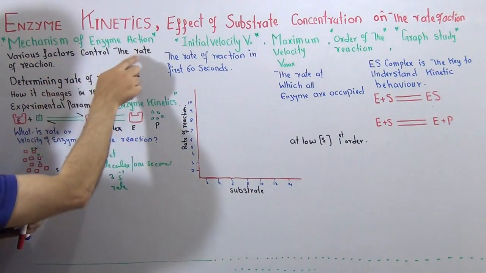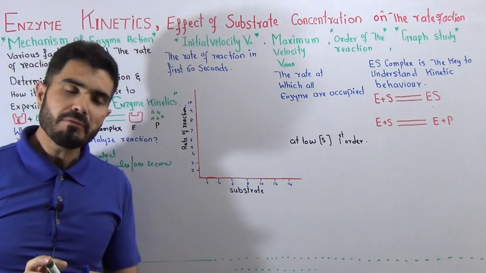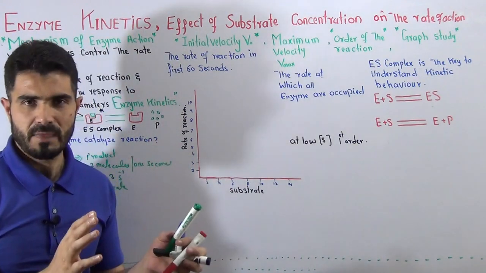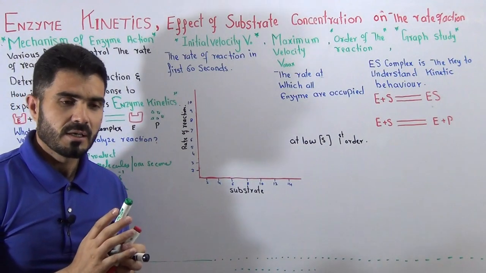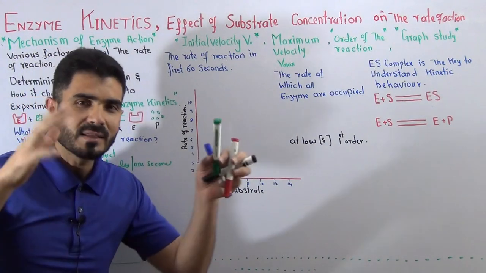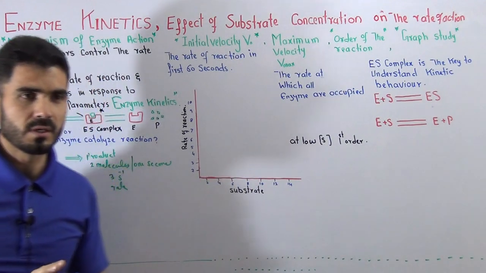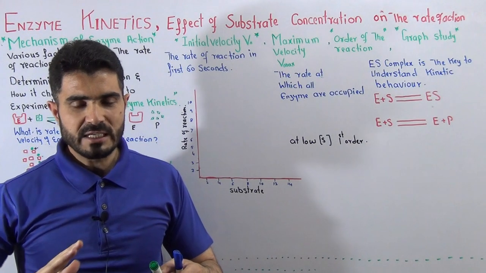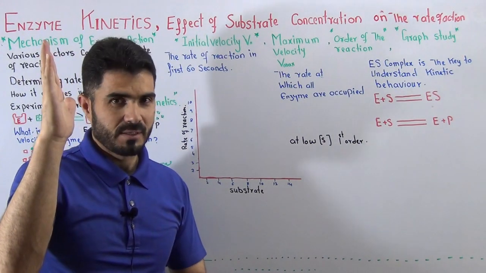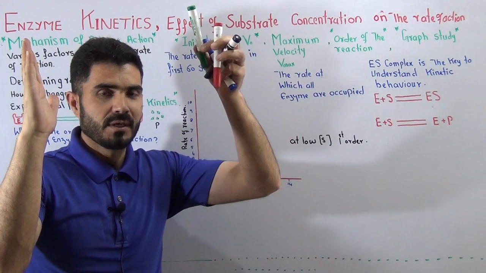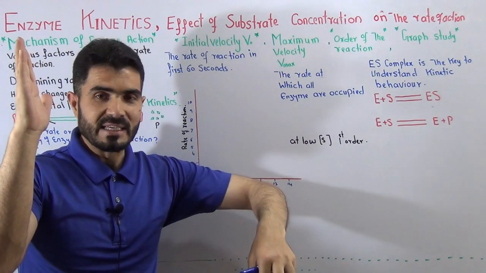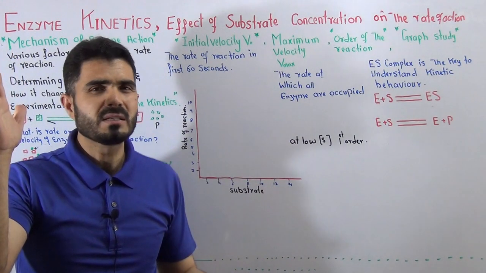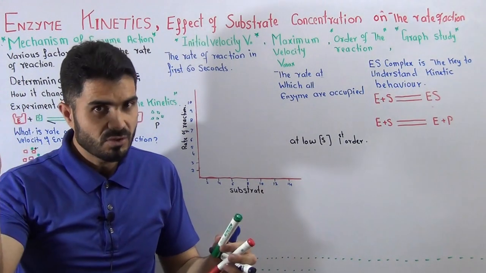Various factors control the rate of reaction. Every enzyme has a reaction rate. Definitely there are some other things that control the rate of reaction. Means if you increase one parameter, what will happen to the rate of reaction? Parameter could be temperature, could be pH.